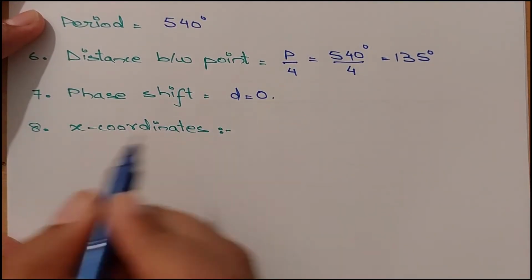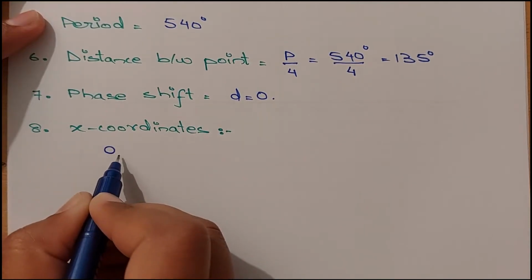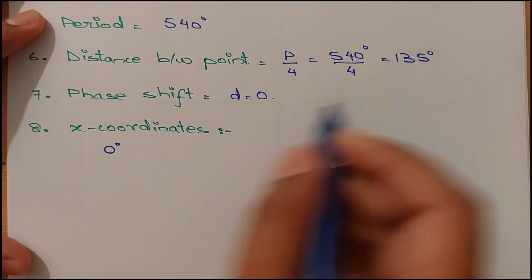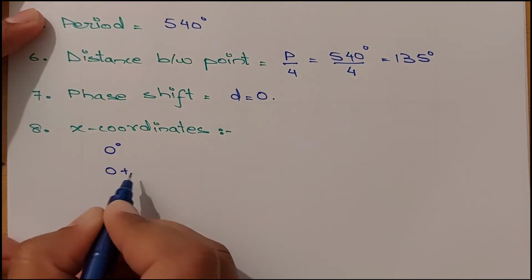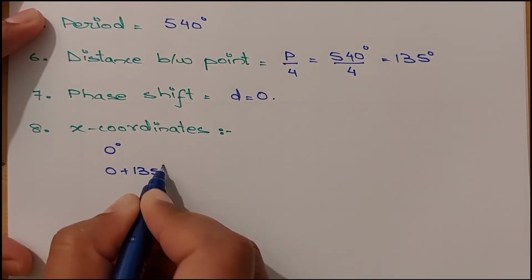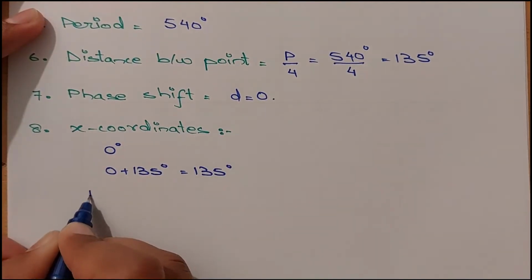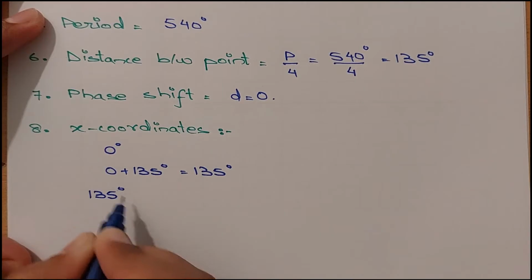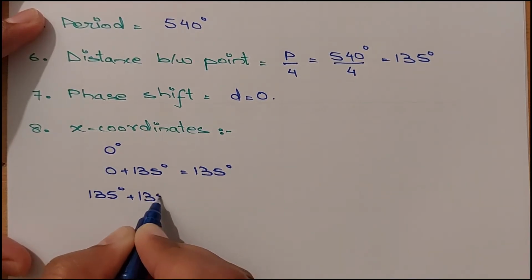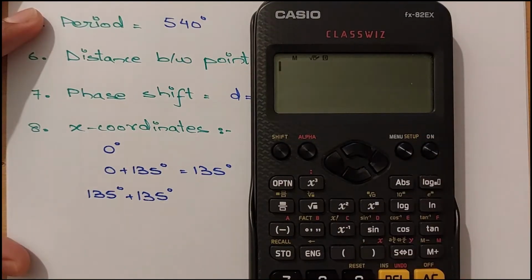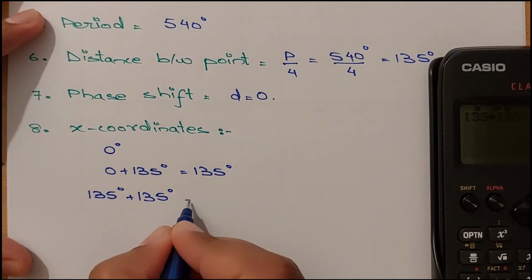So the first coordinate is the phase shift, that is 0, and the next is adding the distance between points, so 135 degrees. To 135 again add the distance between points: 135 plus 135 is 270.